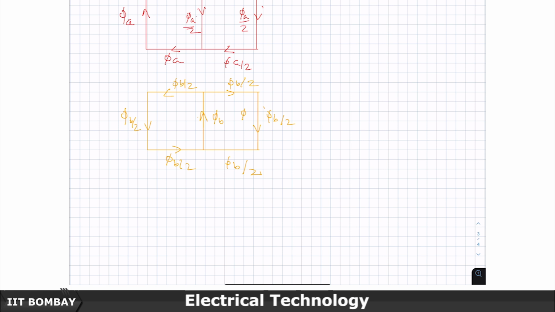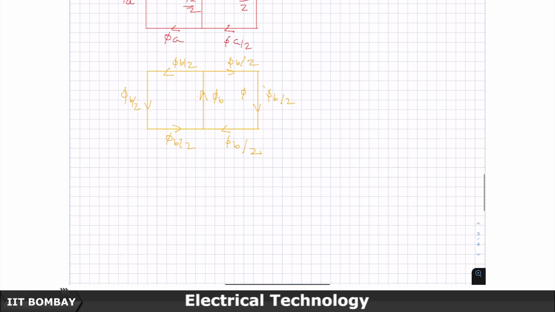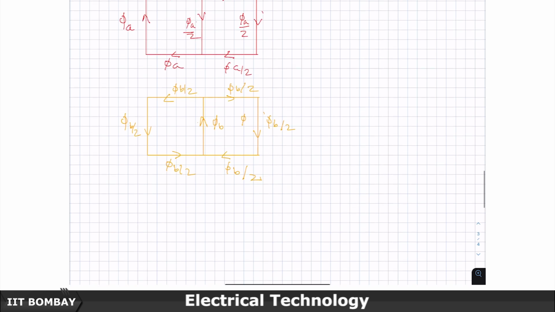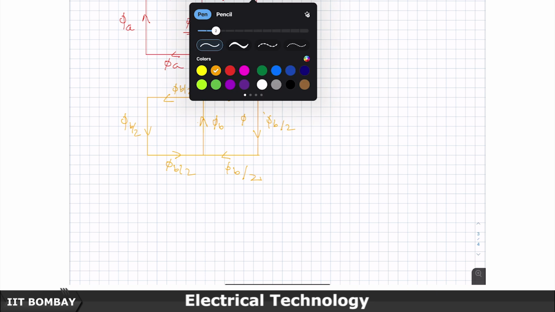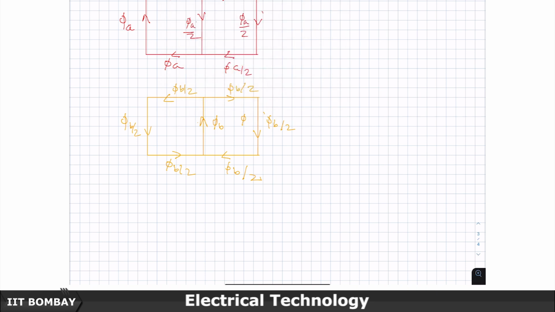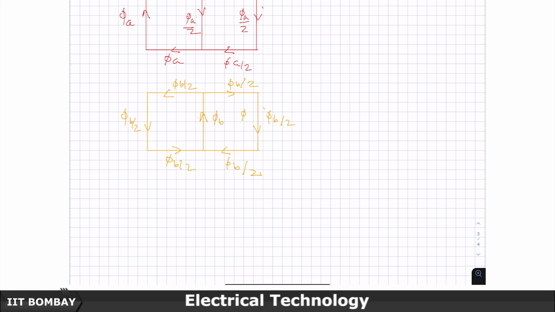the phi B by 2, it will come back as the phi B by 2, which will turn back here. And finally, let us look at the third limb.